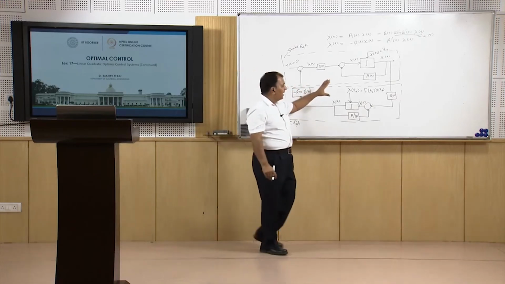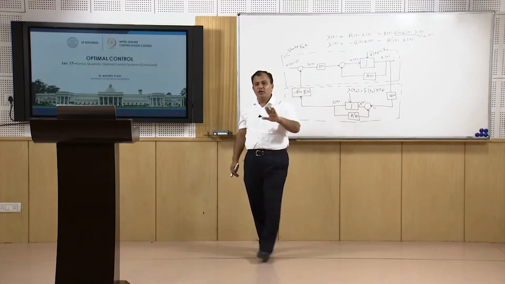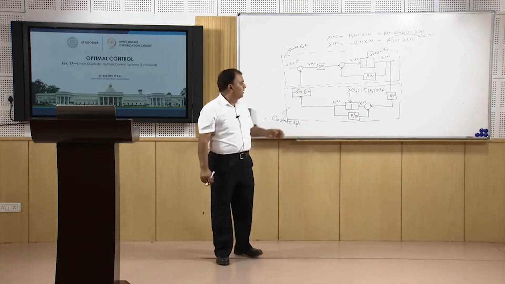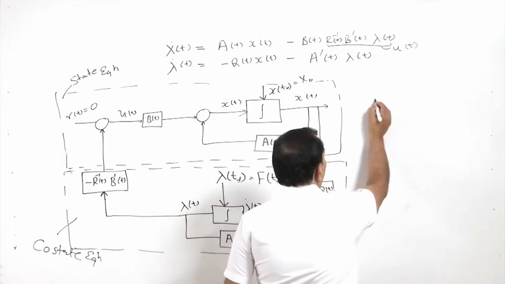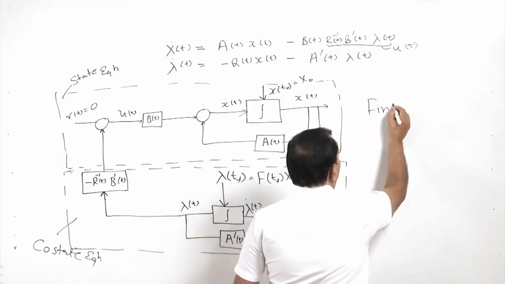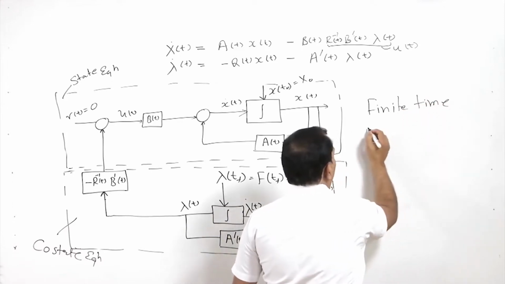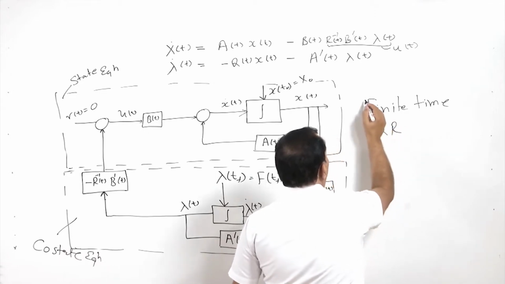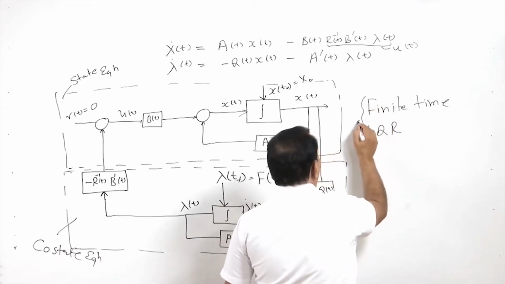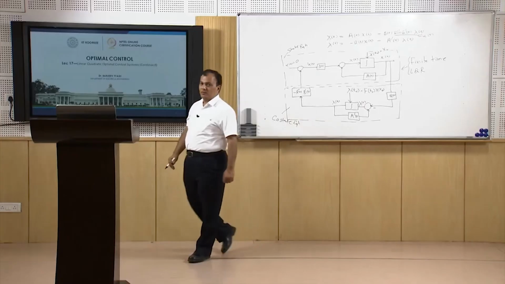In a finite time we want to transfer our initial state to the 0 state. Such a regulator is nothing but my finite time LQR system.